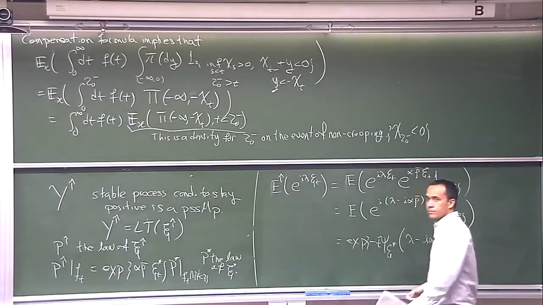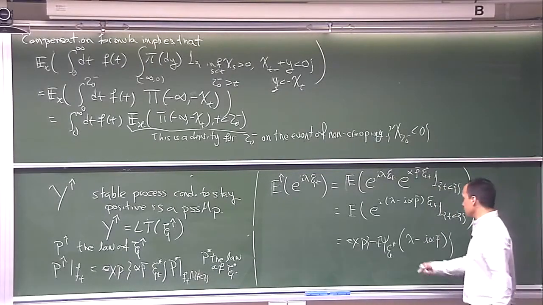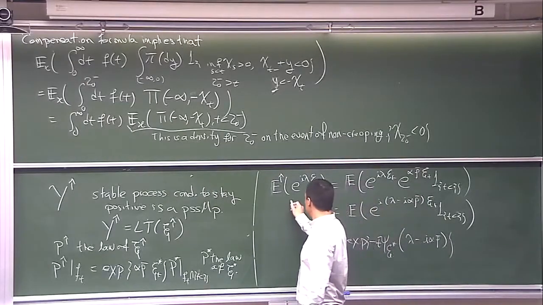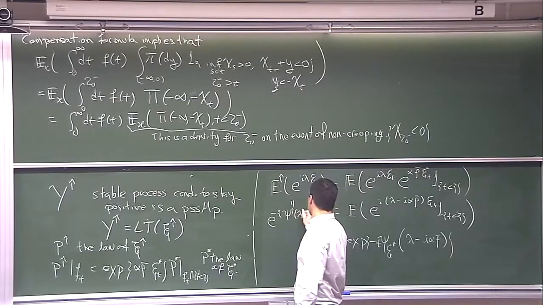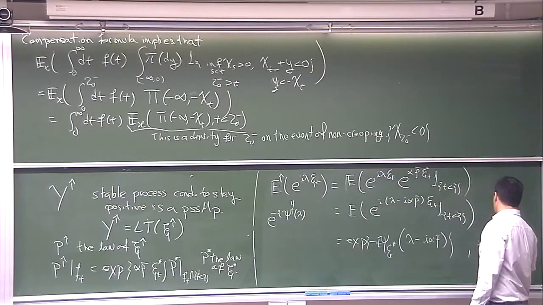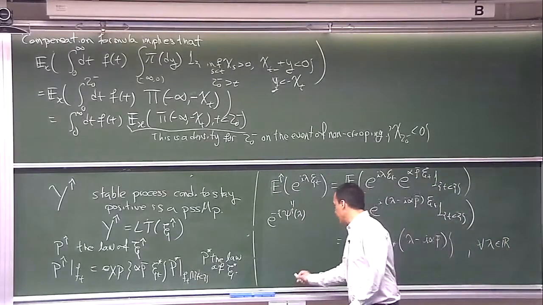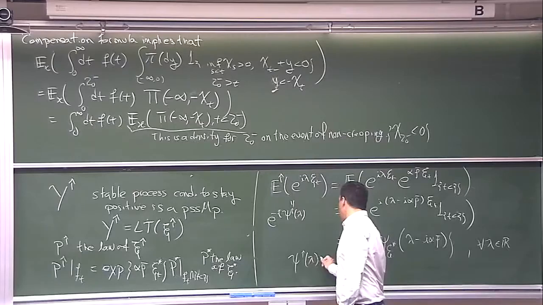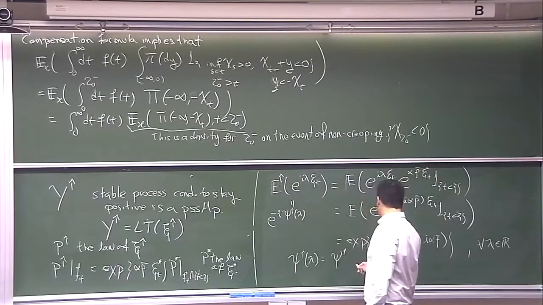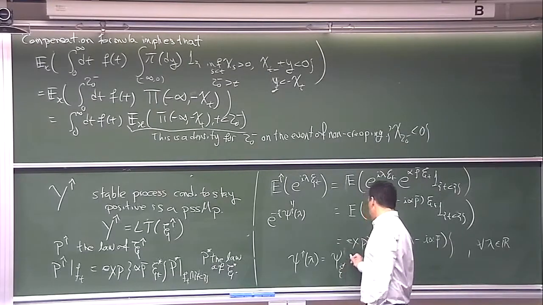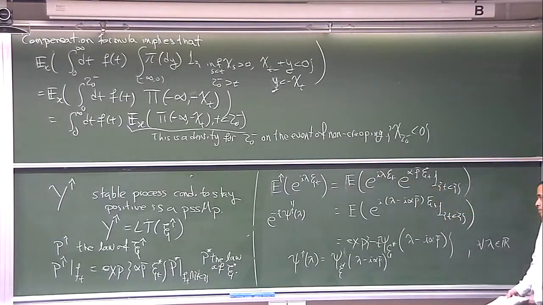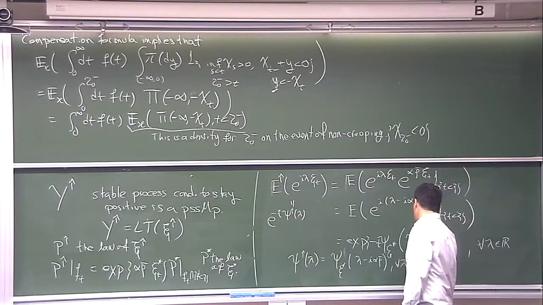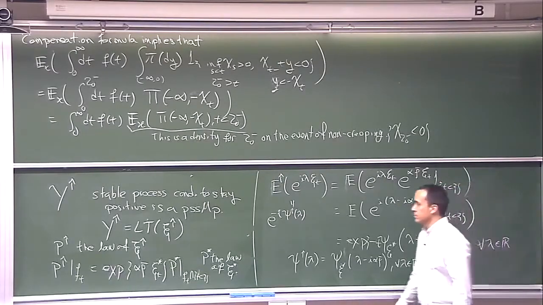And on this side, by definition, this is the expected value of exponential minus t psi upper rho of lambda. And this holds for all lambda in R. So psi upper rho of lambda is equal to psi star of lambda minus I alpha rho bar for all lambda in R. So by doing that I determine the other Laplace exponent.